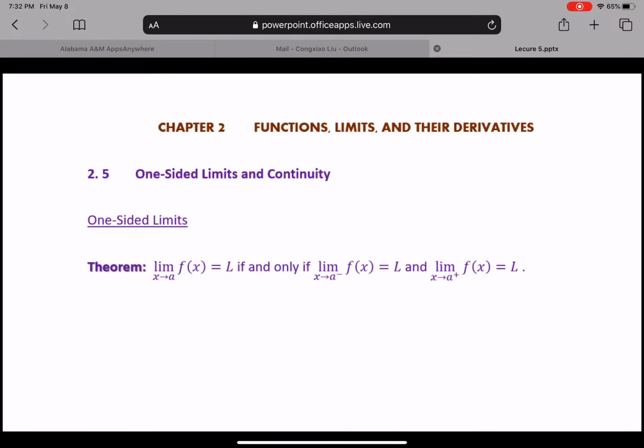The theorem says the limit of f(x) as x approaches a equals L if and only if the limit of f(x) as x approaches a from the left equals L, and the limit of f(x) as x approaches a from the right equals L. So that means the left-hand and right-hand side limits of the function both need to exist and they need to be the same.